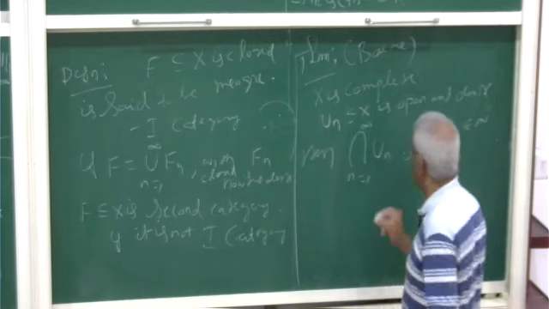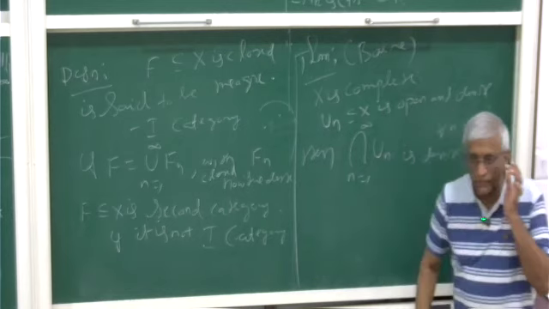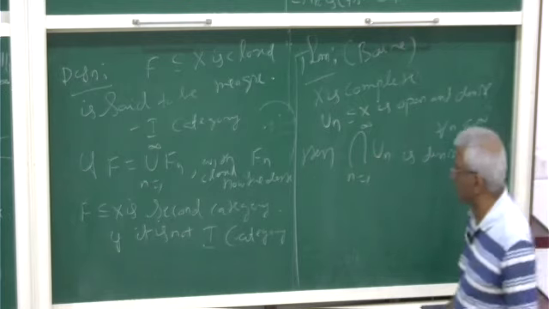It need not be open, but it is dense in X. You take a countable collection of open and dense subsets; its intersection is also dense in X.